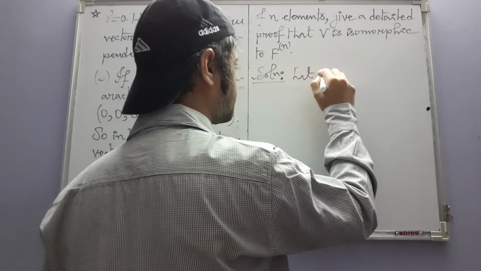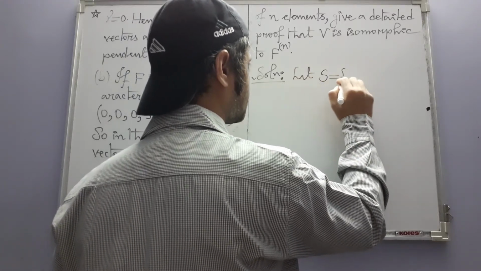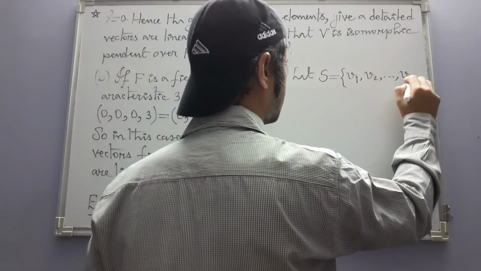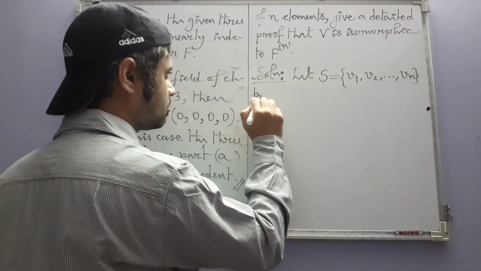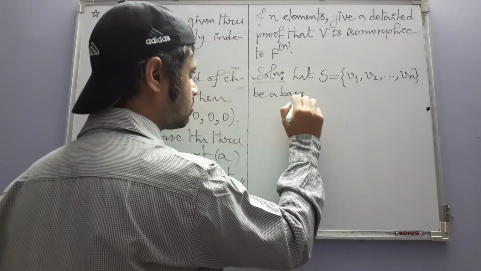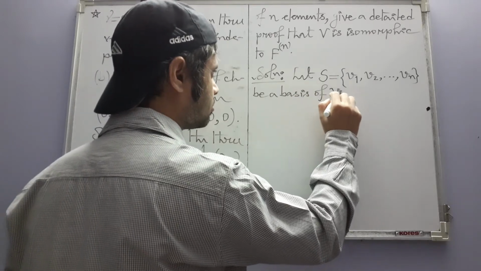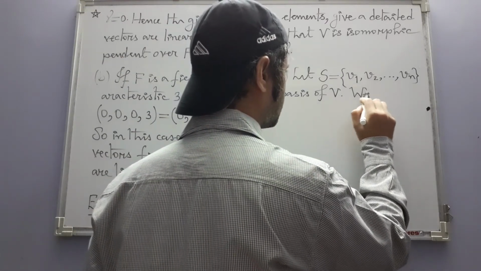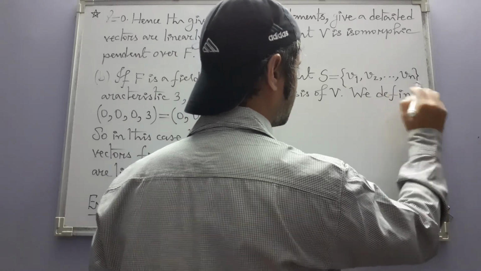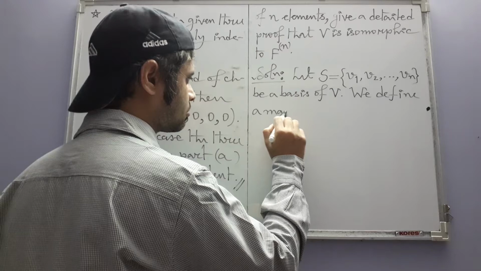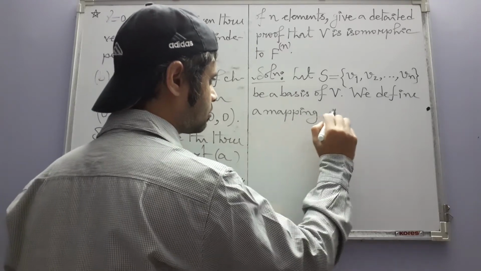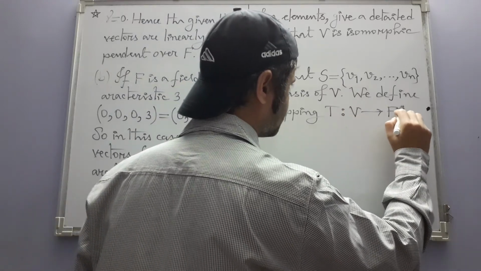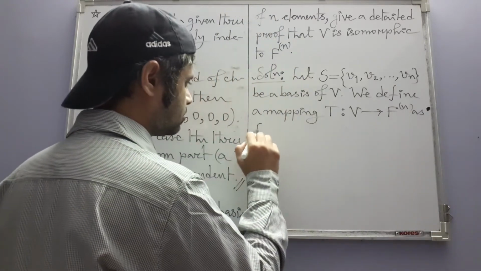Let S = {v1, ..., vn} be a basis of V. We define a mapping T from V into F^n as follows.